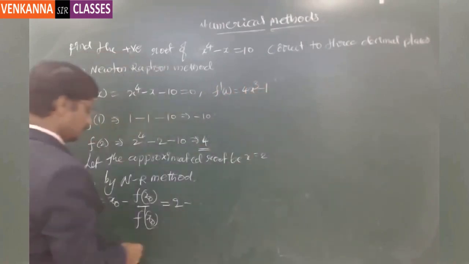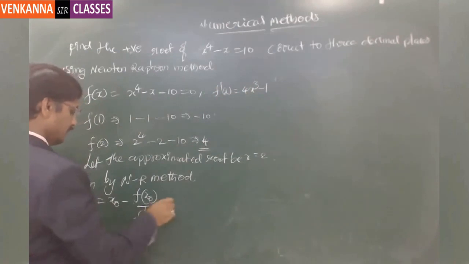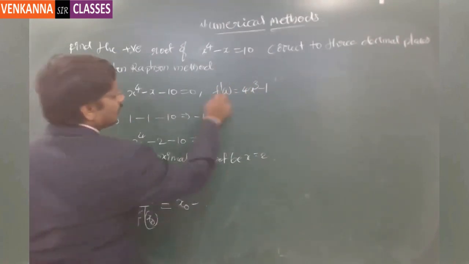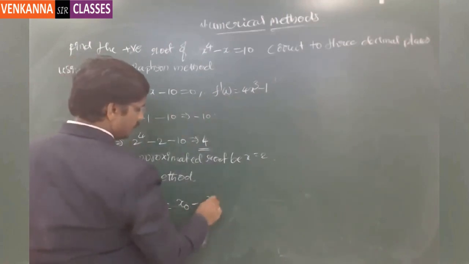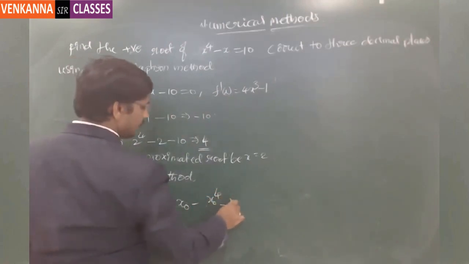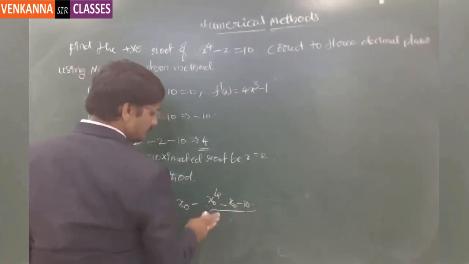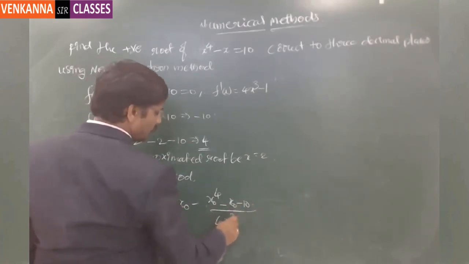So first you will identify this function value, that is x naught minus f of x naught, where f of x naught is x naught power 4 minus x naught minus 10, divided by f dash of x naught, that is 4 times x naught cube minus 1.